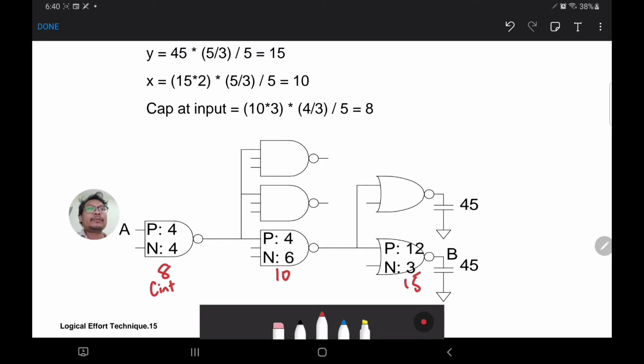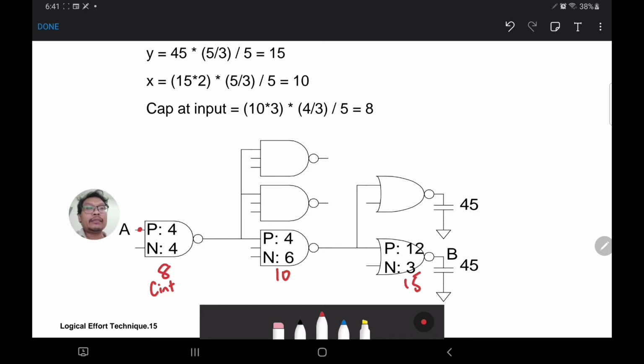As we've seen in the previous video, it is essentially the total size of relative capacitance at the gate input of A. At the gate input, A is connected to one NMOS and one PMOS. If we set the size 4 and 4, we get a total gate size of 8, which is proportional to the capacitance at the gate.